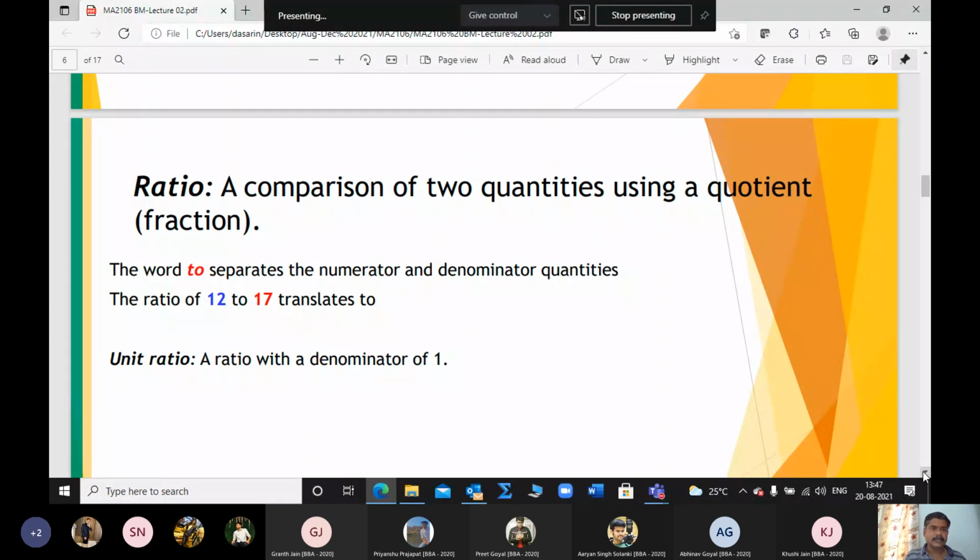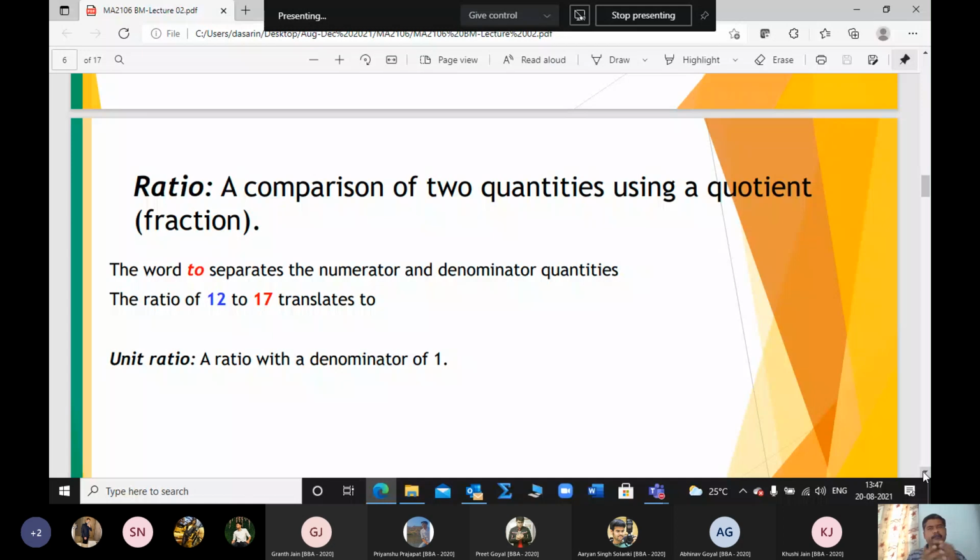Coming to the ratio, the definition: a comparison of two quantities using a factor is called a ratio. In normal sense, it's a kind of comparison between two quantities.